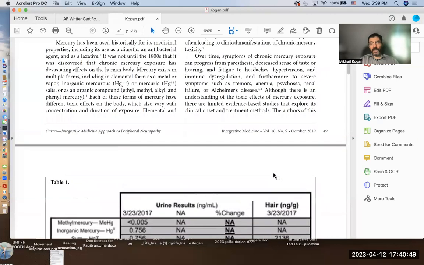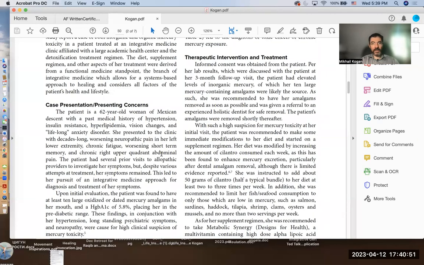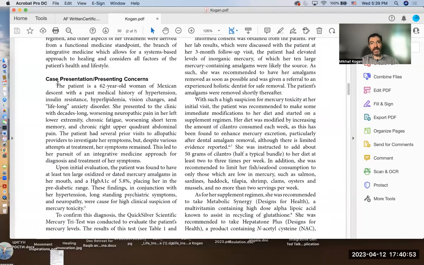So as I mentioned, I'm going to walk you through a little bit of the actual story of her case. She was 62 years old. She suffered from a number of problems, hypertension, insulin resistance, etc. But for over a decade, she had progressively worsening neuropathic pain in the left lower extremity associated with fatigue.